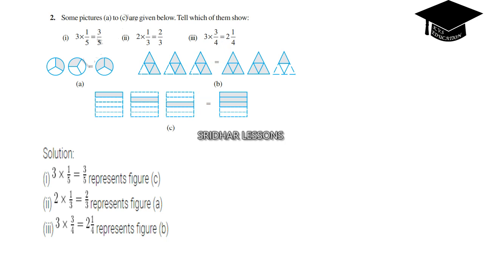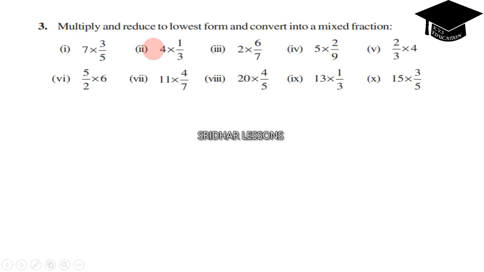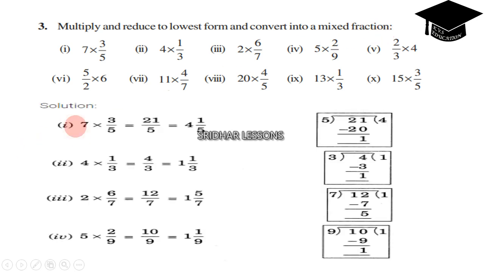Okay. Next, multiply and reduce to the lowest form and convert into a mixed fraction. Okay. First question, 7 into 3 by 5. That means 7 into 3 is 21 by 5.